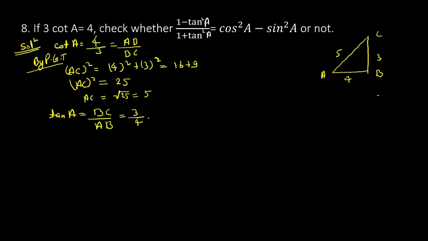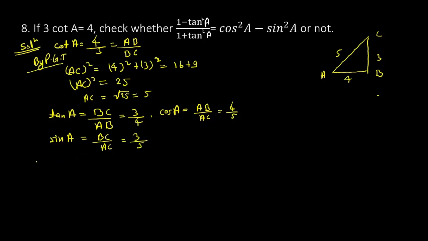Cos A equals AB upon AC equal to 4 by 5, and one more, sin A equals BC by AC, which is 3 by 5.